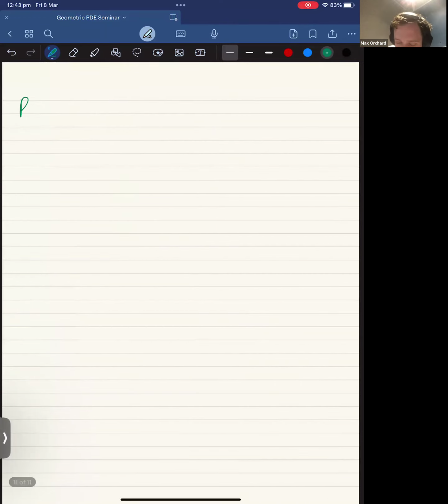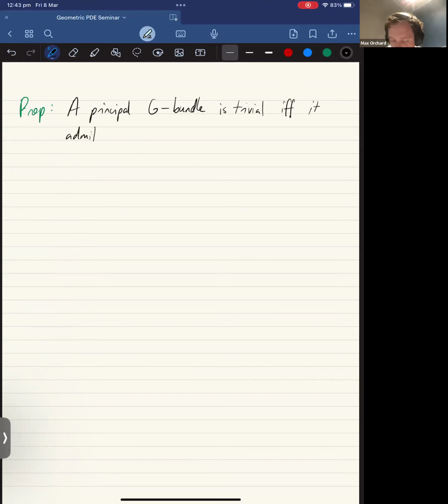Okay, now getting to what we were alluding to earlier, this proposition that states a principal G bundle is trivial if and only if it admits a global section, is a nice characterization of trivial principal bundles.